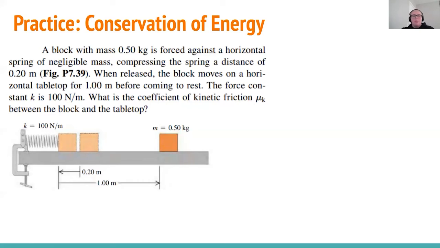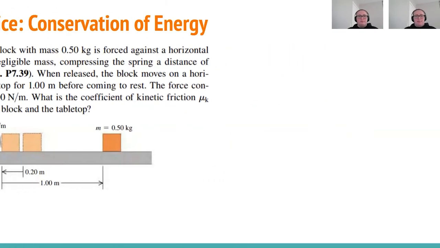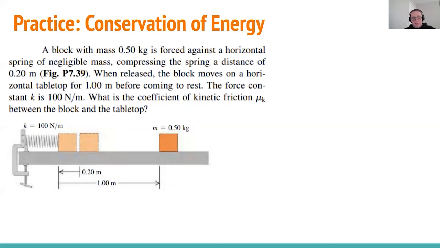So what are our 2 points of interest in this case? What's my initial point? When the spring is compressed, so this point here, because all of my distances are measured relative to that point. My 1 meter is measured relative to that, and I've been given information. So at that point, when the spring is compressed, what energy is present?